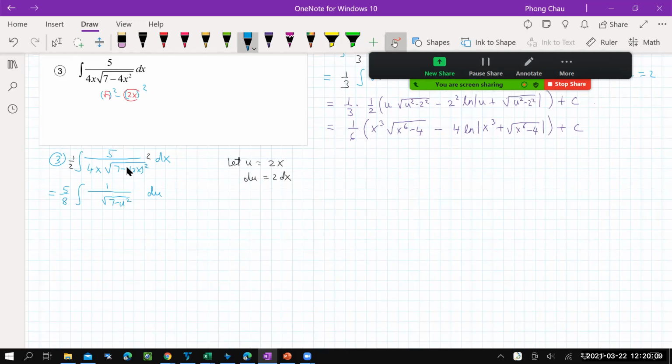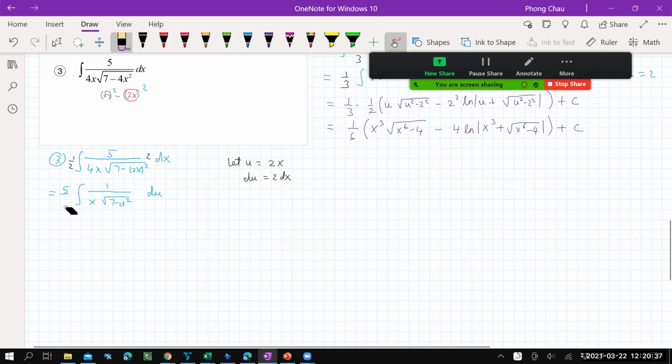Okay. Now the x here, maybe you should adjust a little bit. You technically have an x there, right? But since we change variables, I need to change it as well. Then 2x will become a u, right? So, well, I shouldn't take out the 4.